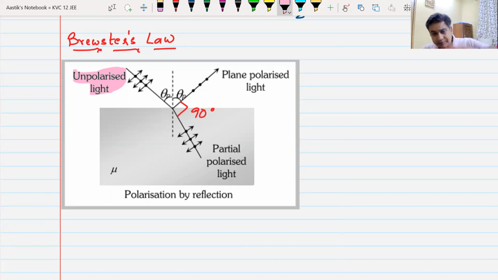There is always some percent reflection and some percent refraction. Do we understand this? Yes or no? So when a light is falling on a transparent medium, some part of it is reflected back. This green is the reflected light, and this blue is the light which is refracted.